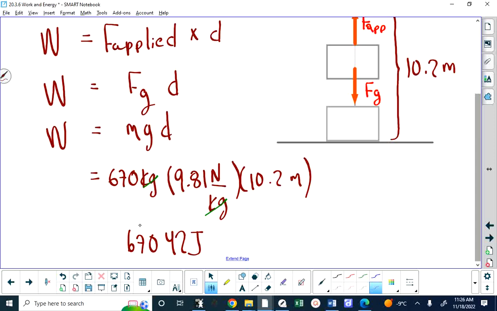It means that as well as being an idiot, Wile E. Coyote now has lost 67,042 joules of energy in his body in the effort to get more energy by catching the Roadrunner and eating the Roadrunner, which never happens. Right? That's the brilliance of that cartoon.